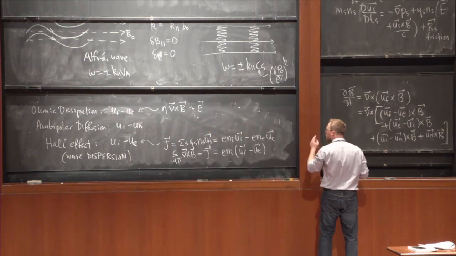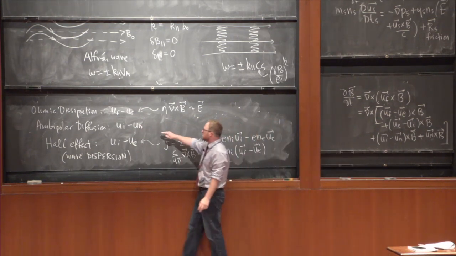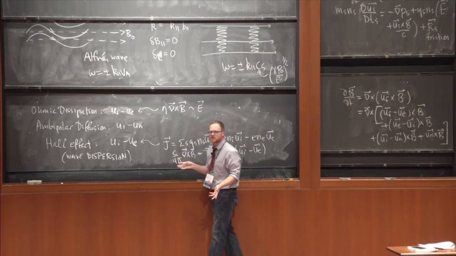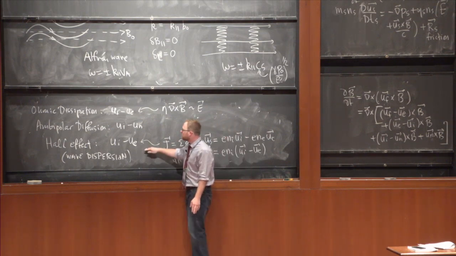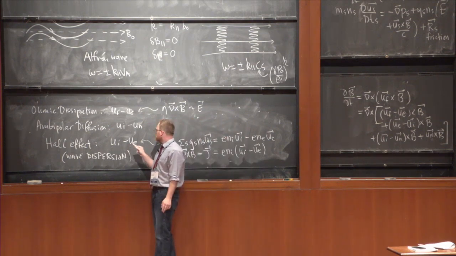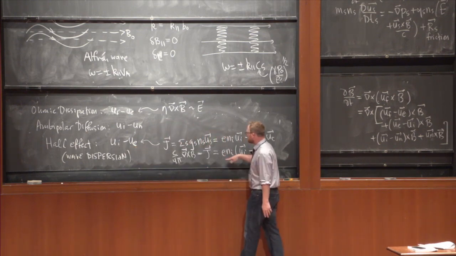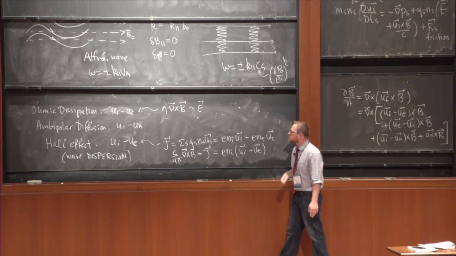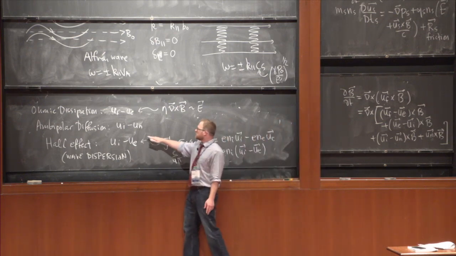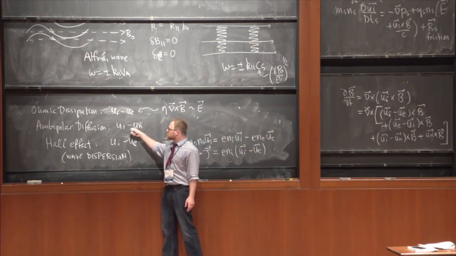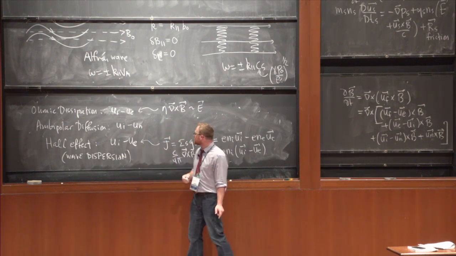Okay. All right, so we've got ohmic dissipation. It's just the disruption of currents due to collisional processes. We have the Hall effect, which is just the slippage of the ions past the electrons, which is related just to the currents that are in the plasma. And then we have ambipolar diffusion, which is the slippage between the neutrals and the ions in the plasma.